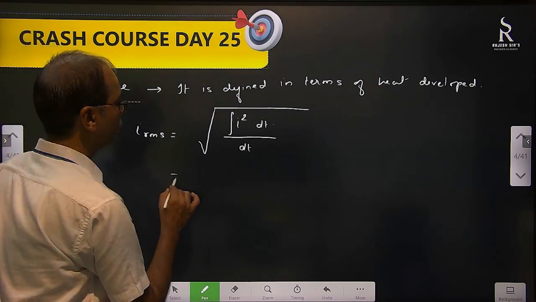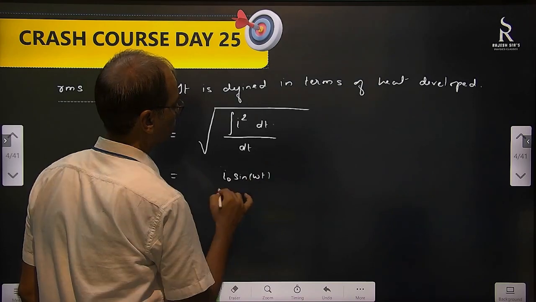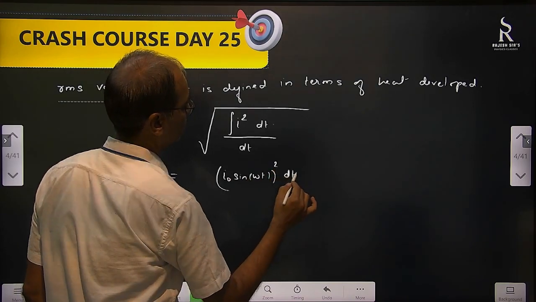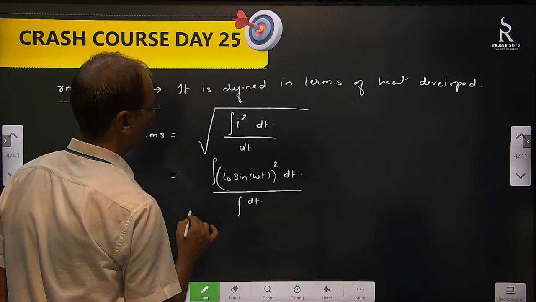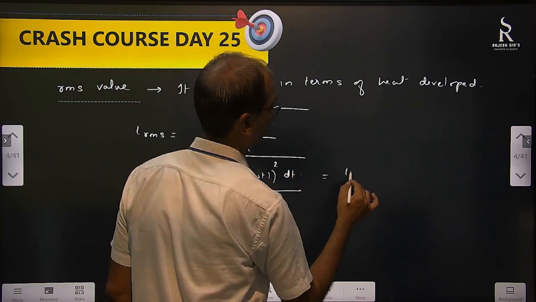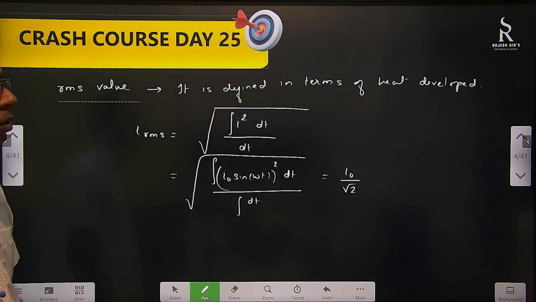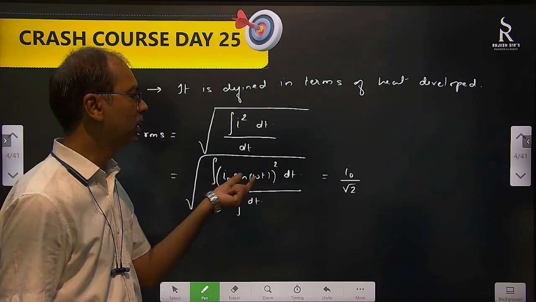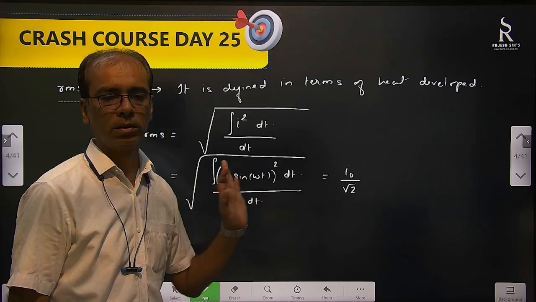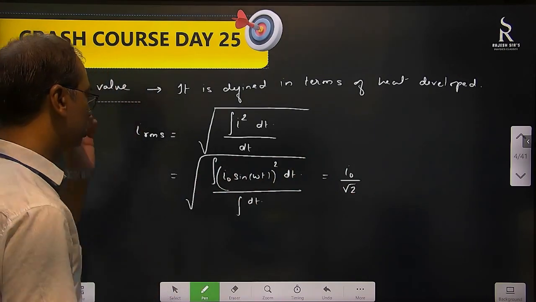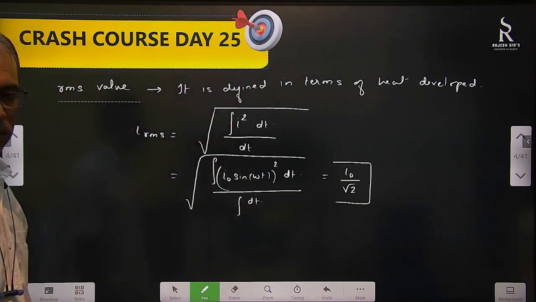So if you solve this, it is I naught sine omega t whole square dt by dt for a full cycle. What do we get? We get I naught by root 2. If it is a sine function, we get I naught by root 2. Even if it is given as I naught cos omega t, the same answer, I naught by root 2. So this value we have to remember. This is our RMS value. Right?